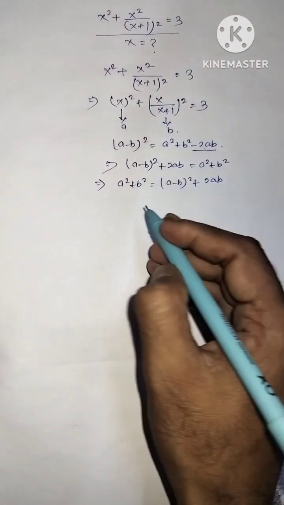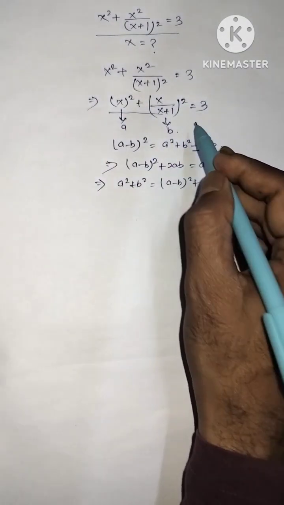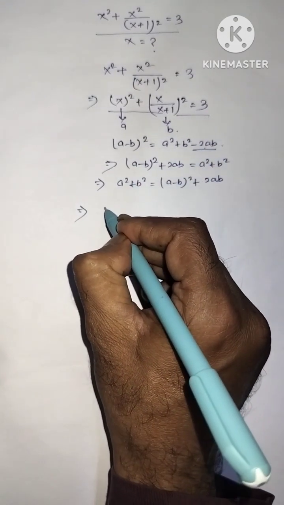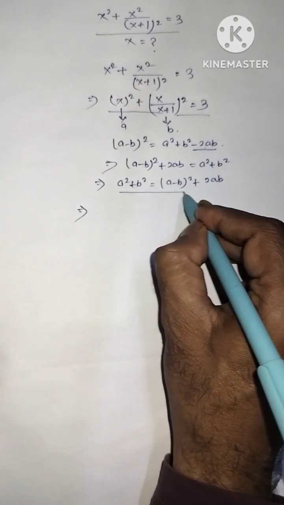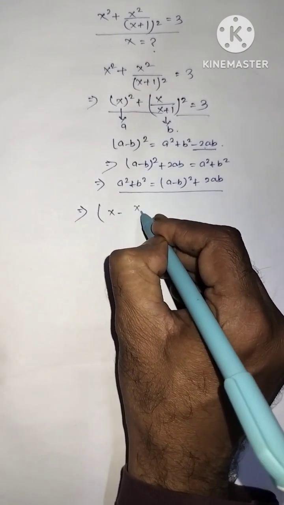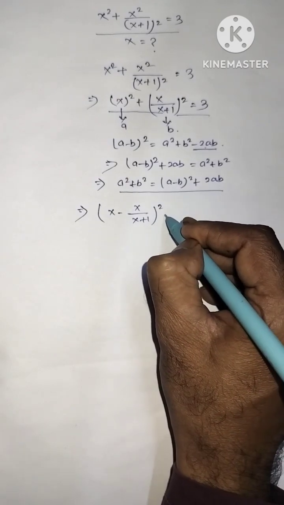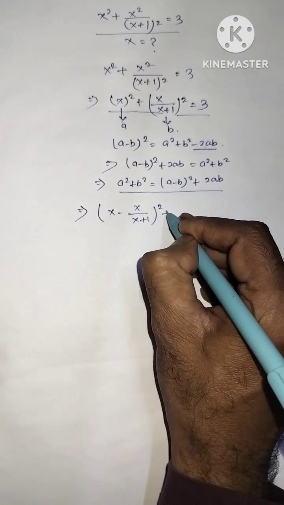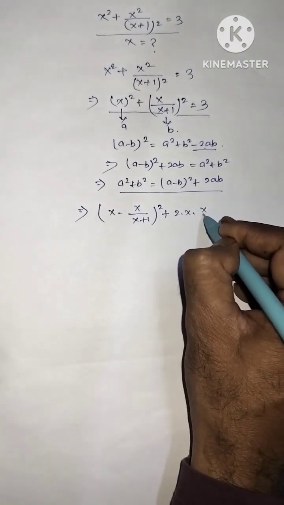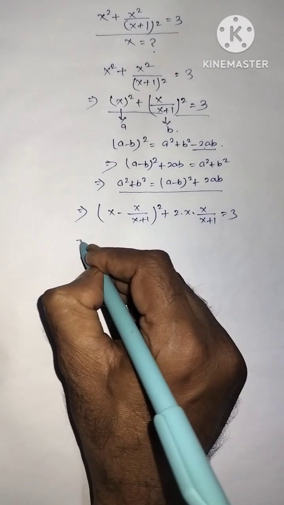This can be written, using this identity, as (x minus x over x plus 1) whole square plus 2 times A, that means x times x over x plus 1, and this will be equal to 3.